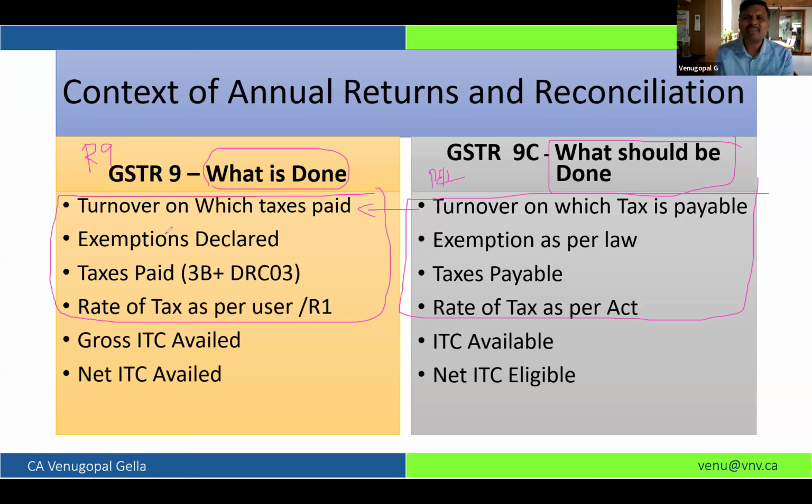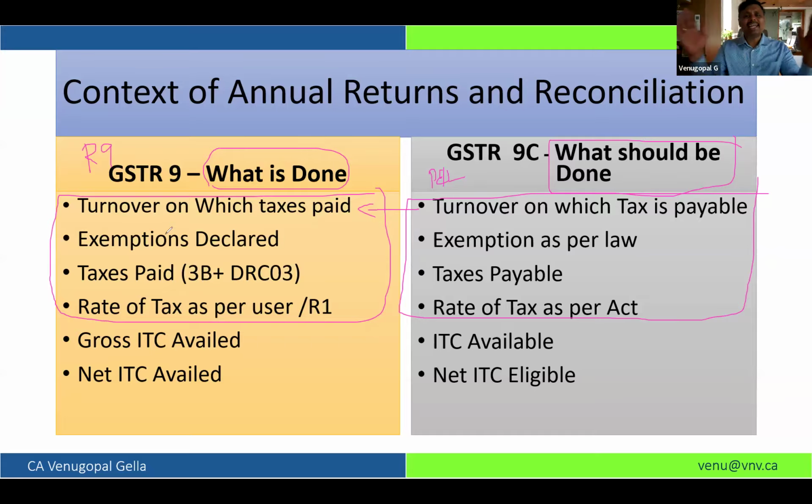Now, both are being filed by the taxpayer himself, right? Now, if in GSTR 9 also I can pay through DRC 03, why will someone use 9C? We never know. Maybe at a different point in time, government may say people above a certain turnover, 9C can be self-certified, or 9C must be by a chartered accountant. We never know.